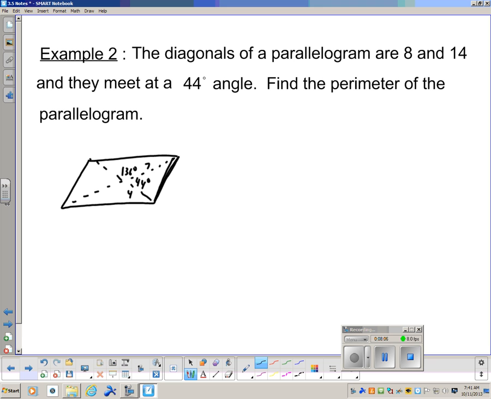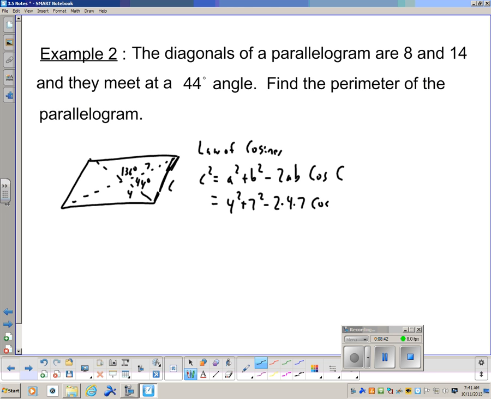So I'm just going to go ahead and use my law of cosines to find this. I'm going to call this x. So again, we've got a side, angle, side situation, so I'm going to use the law of cosines to find x. I call these a and b, or I should call it c since that's what we always use. So c squared equals a squared plus b squared minus 2ab cosine C. So 4 squared plus 7 squared minus 2 times 4 times 7 times the cosine of 44.